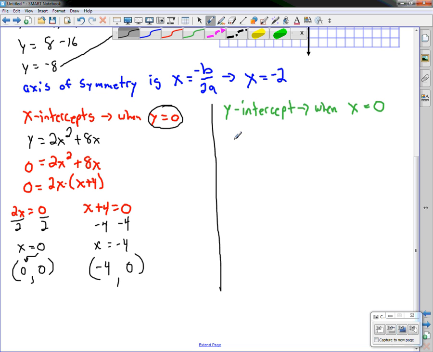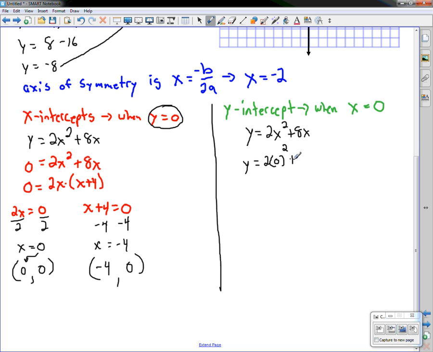So I have the equation y equals 2x squared plus 8x. So we get y equals 2 times 0 squared plus 8 times 0. So we're taking the x value of 0, plugging it in, and seeing what it produces.